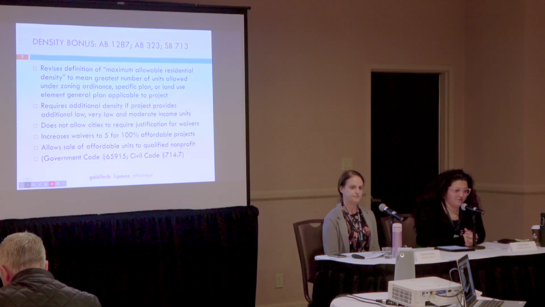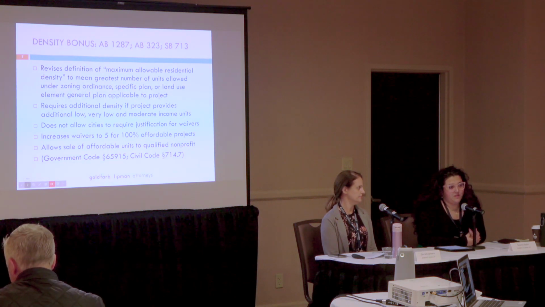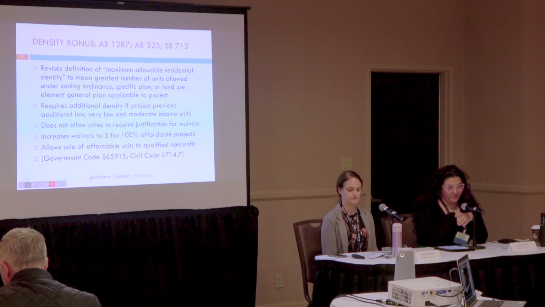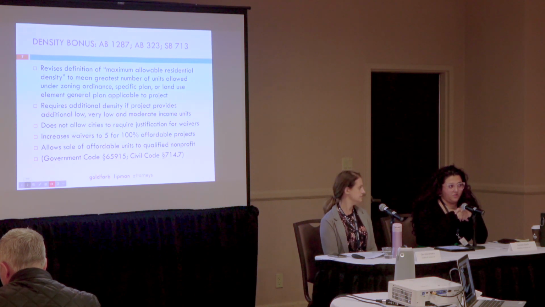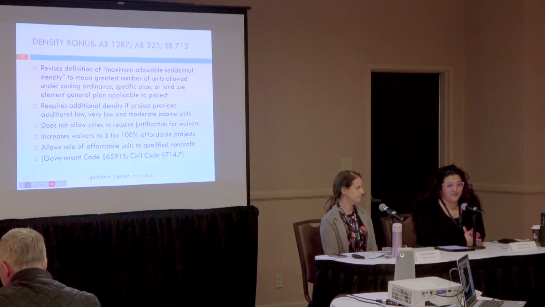So density bonus law, at a very high level, allows additional density to be added if a developer is providing a certain amount of affordable housing. You have your underlying zoning, which tells you what your base density could be.